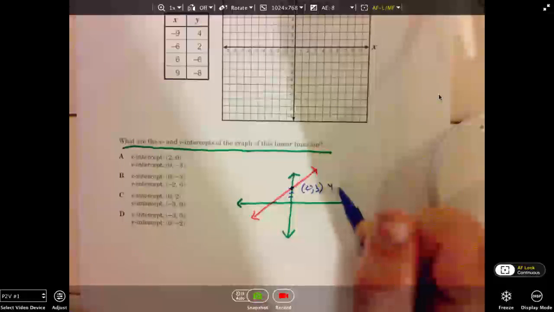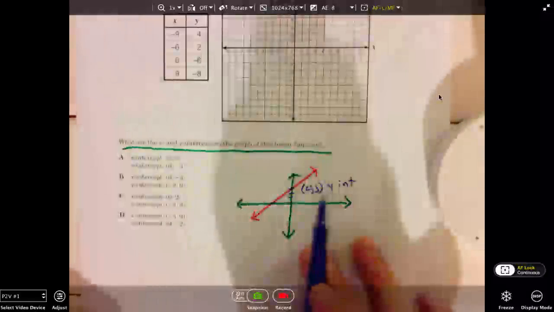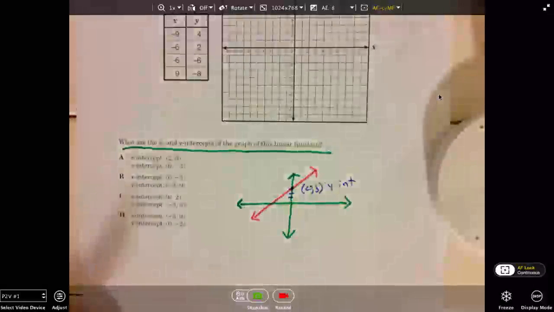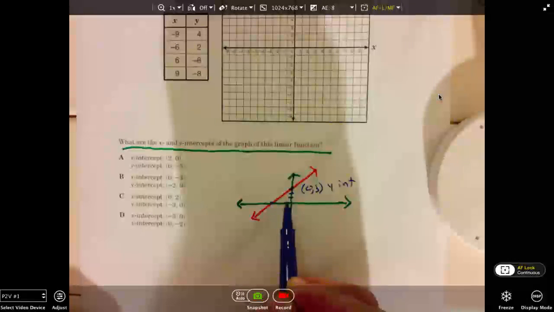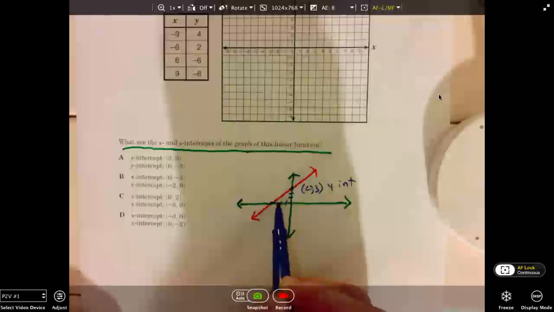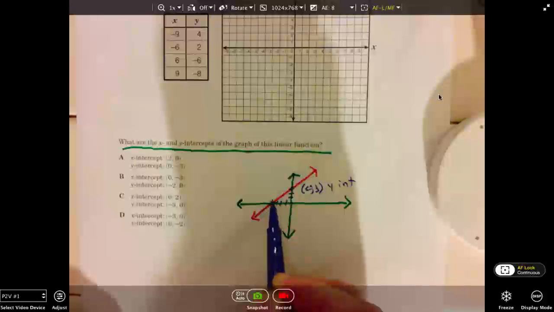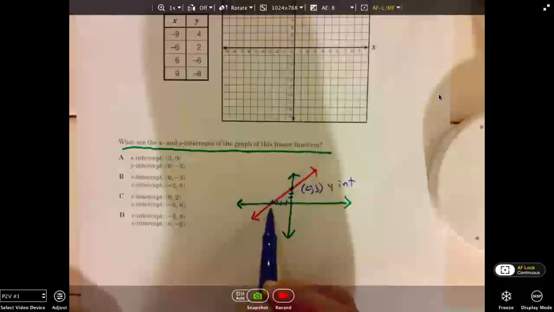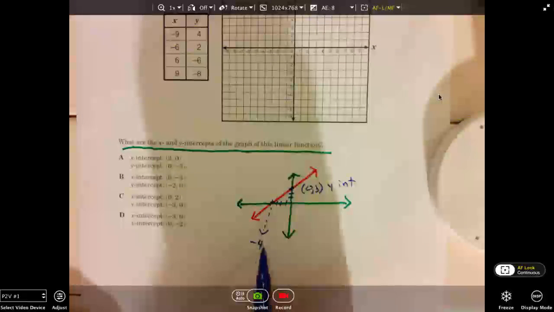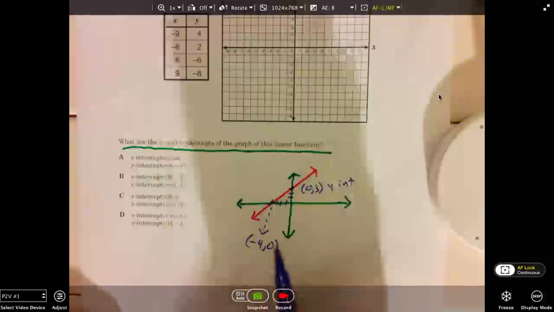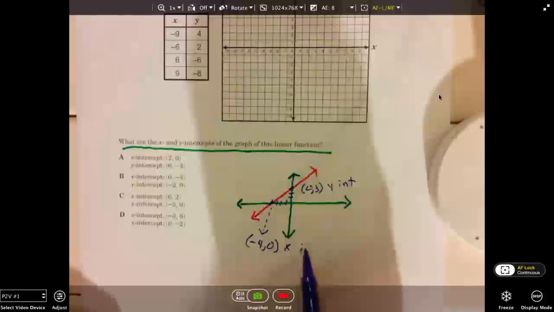This is called the y-intercept. The point where the graph crosses over the x-axis, in this case may be negative 4, 0. This is the x-intercept.